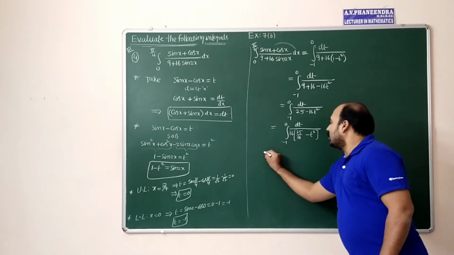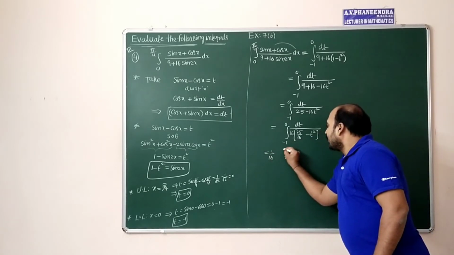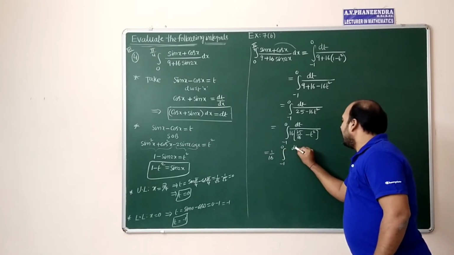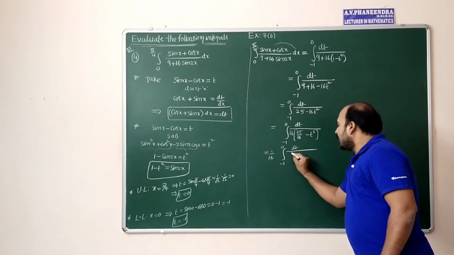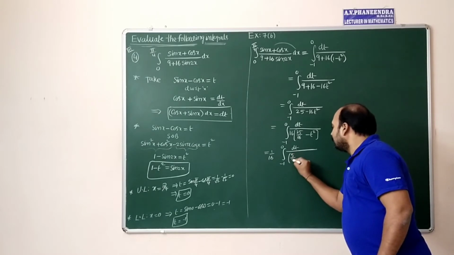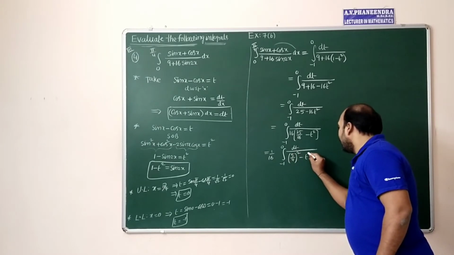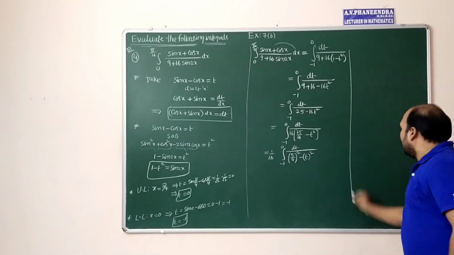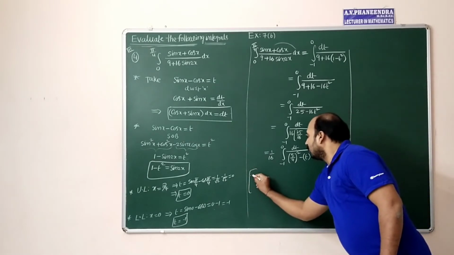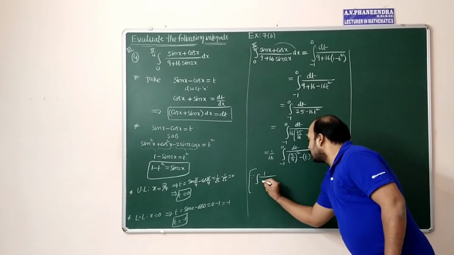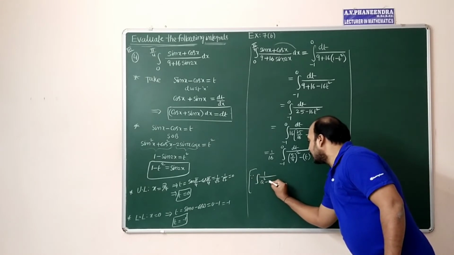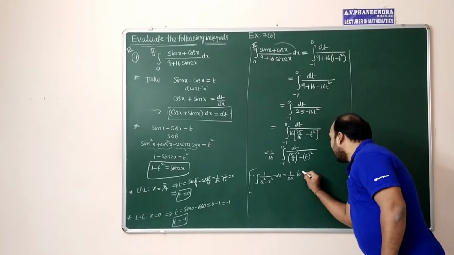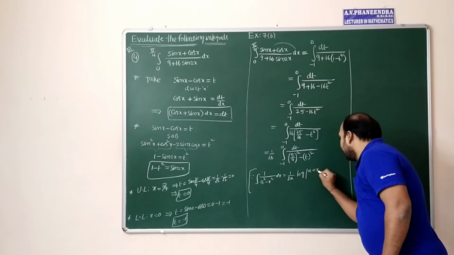So 16 we can take outside, 1 by 16, integral minus 1 to 0 dt divided by 25 by 16 can be written as (5 by 4) whole square minus t square. Now here I am going to apply the formula: integral 1 by (a square minus x square) into dx is equal to 1 by 2a into log mod of (a plus x) by (a minus x).